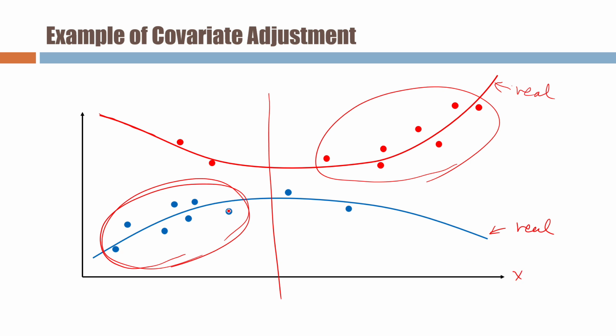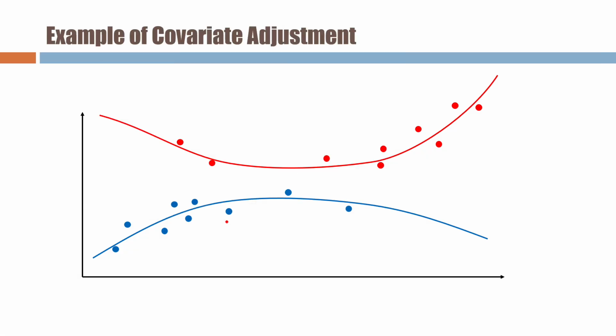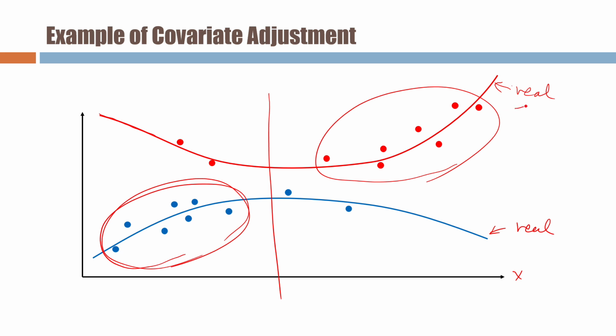I think the red one is t equals 1 and this is t equals 0, and we don't give a treatment, but what would be the result if we give a treatment to this person? So this person may have a different number, showing a different number here, right?